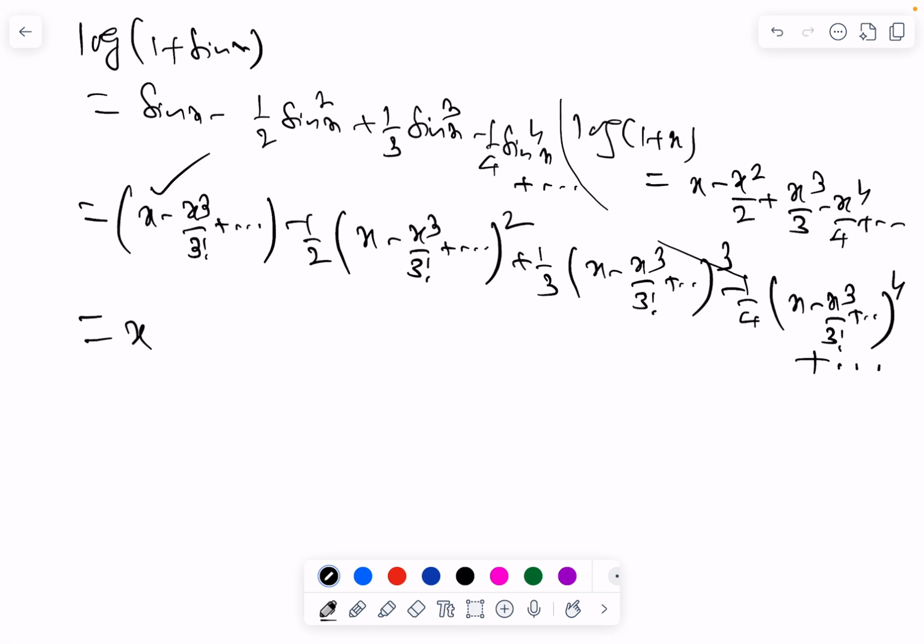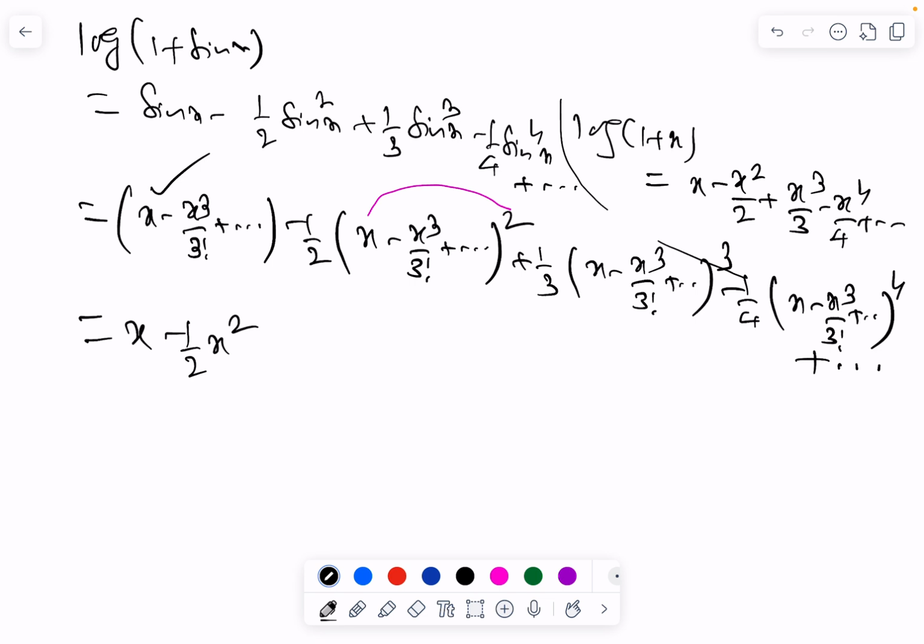So that is x. Where do we get the x square term? So the x square term we will get here. When we expand this, x square, so we'll get x square here. So that is minus 1 by 2 x square. Now see where we get x cube.